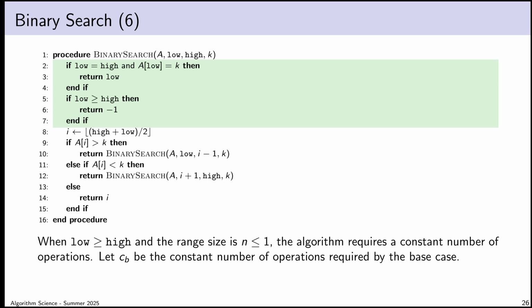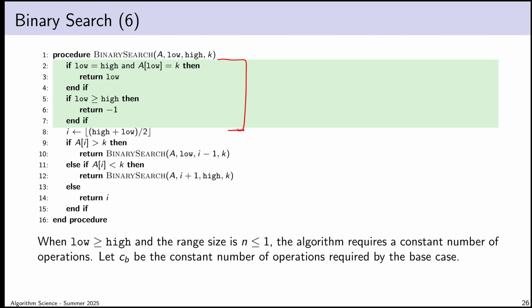That's the base case. And I think we've seen enough by now to recognize that we don't need to do full operation counting for this. So I can argue that this entire base case takes some constant number of operations.